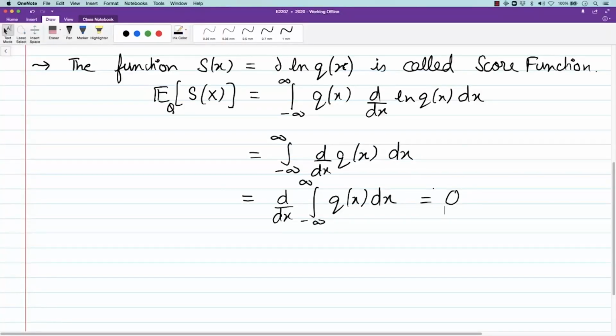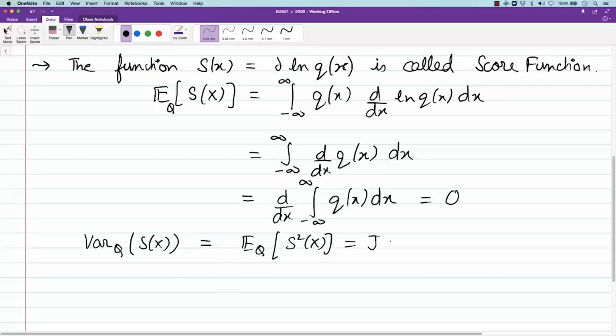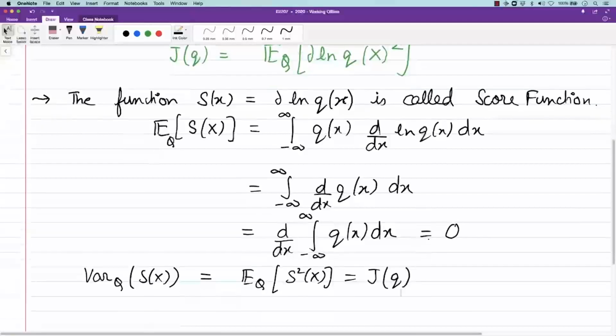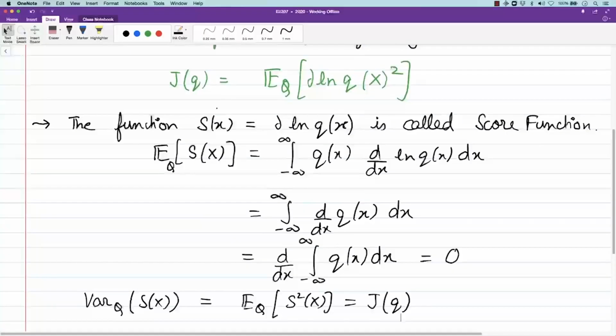So the score is a zero mean random variable, and therefore its variance under Q is equal to the expected value under Q of S squared(X), which is exactly what we are calling the Fisher information of Q. It's the variance of the score function. Okay, the score function is a zero mean random variable. Its variance is called Fisher information.